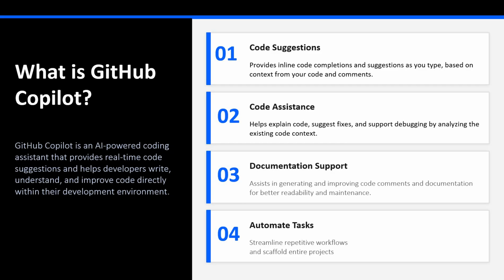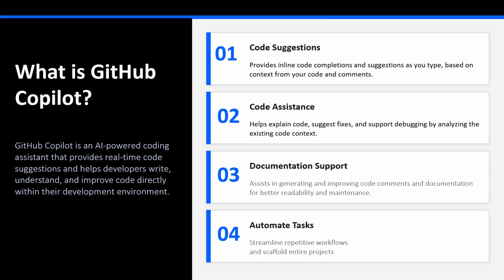Okay, fine. Now if we break down this definition into four major parts, these are the parts. First is code suggestion. As I mentioned, it provides inline code completion and suggestions as you type, based on the context from your code and comments. Because it is within your development environment, it can directly access your source code, check the context of your source code and comments, and then provide inline code completion suggestions whenever you type something.